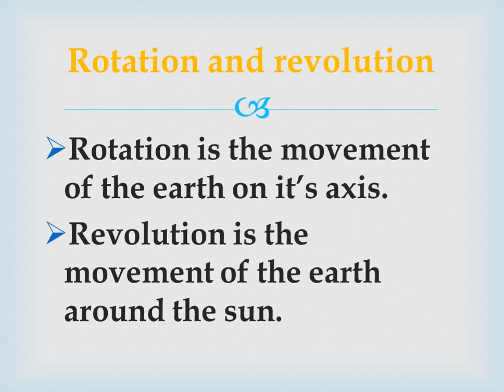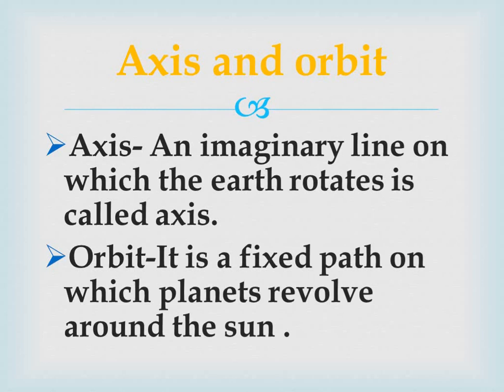So the meanings of axis and orbit. Axis is an imaginary line on which the earth rotates. This is just an imaginary line, not a real one. Earth rotates from west to east on its axis.